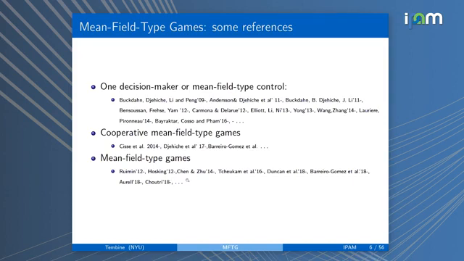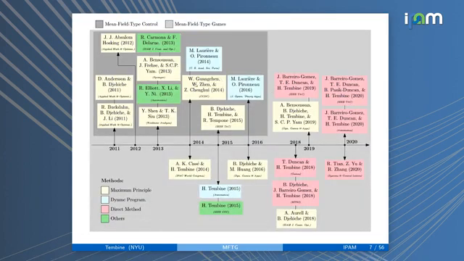When you look at the problem, you realize there are connections between classical game theory and mean-field type game theory, because you can get classical game theory by just removing the distribution in the cost function. The first group of references is about mean-field type control, the control of McKean-Vlasov. The second group of papers is about mean-field type games. Different methods have been developed.